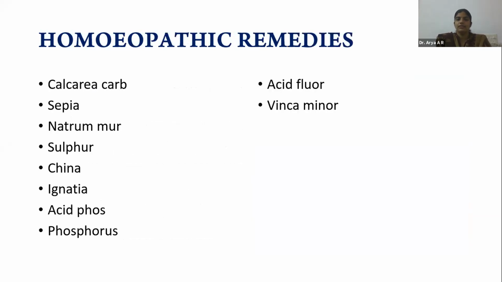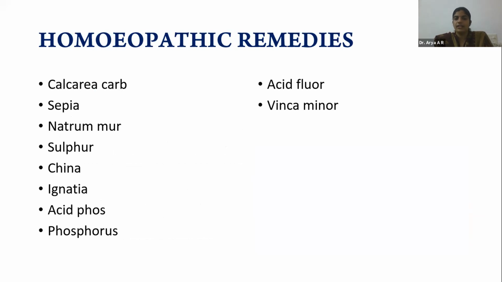And these are all wonderful medicines which help to regrow the hair and prevent further loss of hair: Calcarea carb, sepia, natrum mur, sulphur, china, ignatia, acid phosphoricum, acid fluoricum, and vinca minor. There are so many remedies apart from these.